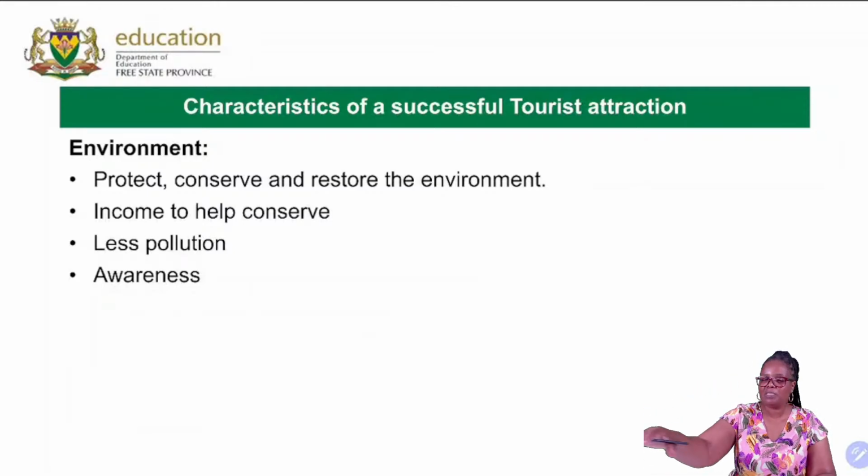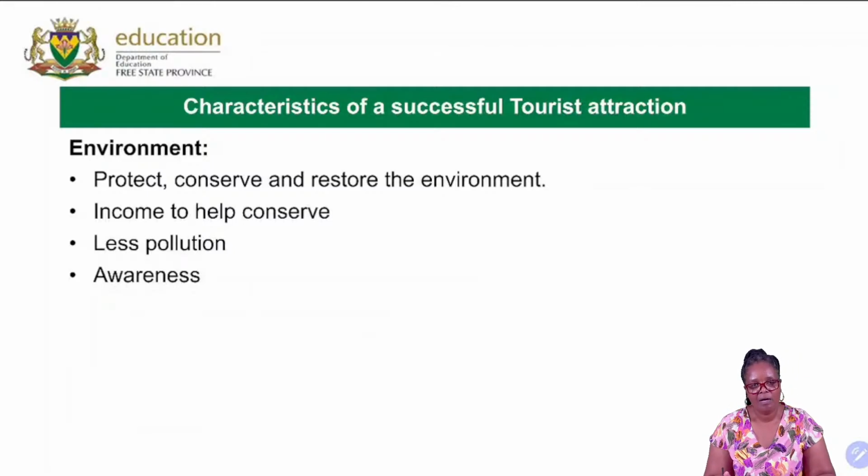There will be dustbins everywhere. They have to make people aware about protecting the environment. So you need to know these factors, that there are 8 factors that are contributing to the success of a tourist attraction. And there are 4 characteristics that when we see them, we know that this area is successful.